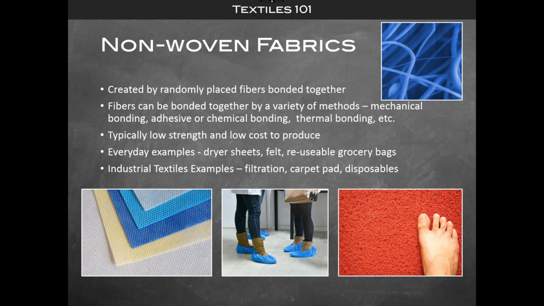Non-woven fabrics typically have low strength and they're low cost to produce. Everyday examples of non-woven fabrics would include dryer sheets, felt, or maybe a reusable grocery bag, those polypropylene bags that have the embossed pattern. Industrial textile examples would include filtration, carpet pad, and disposables.